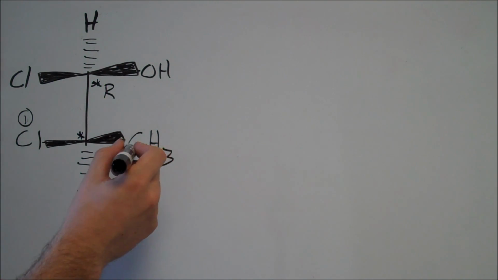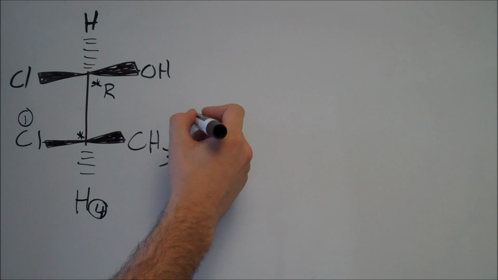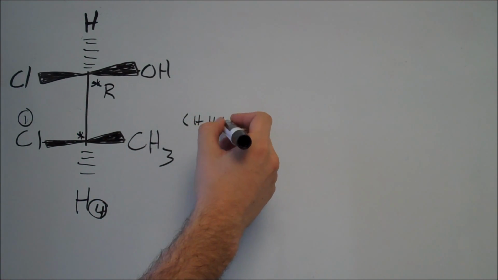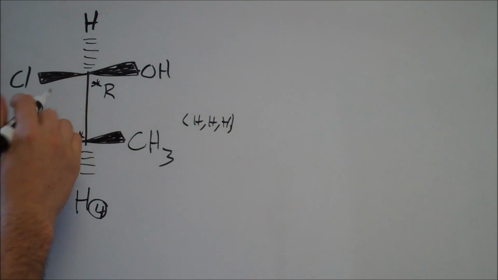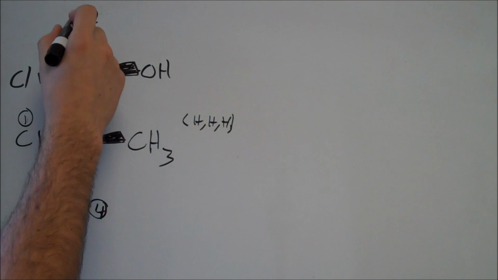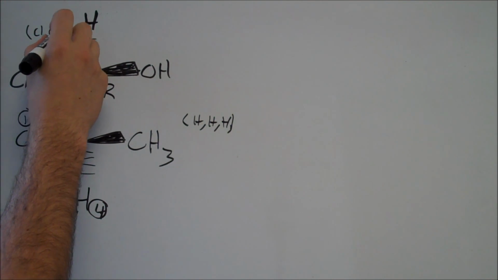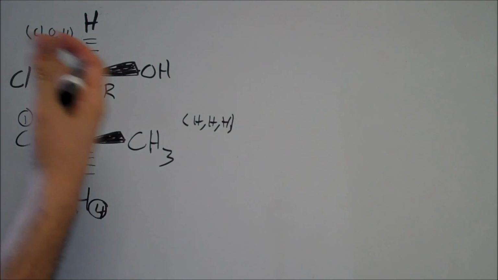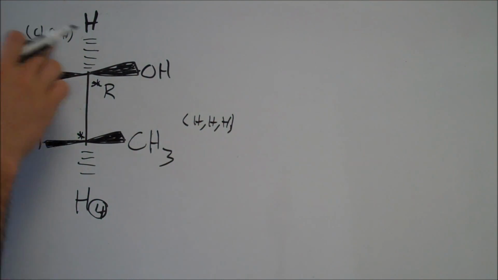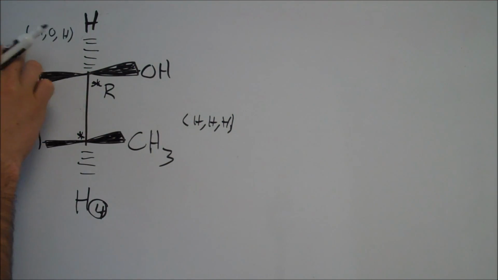Between these two, we tie at these 2 carbons, but this CH3 has a hydrogen, another hydrogen, and another hydrogen. So we have to look a little step further out. On this whole group right here, this carbon is attached to an oxygen, a hydrogen, and a chlorine. We'll write the chlorine first, then the oxygen, then the hydrogen, in decreasing atomic number. If the first atom beats the first atom here, it wins; chlorine does beat hydrogen, and the oxygen beats hydrogen too, so this is a much higher priority group.